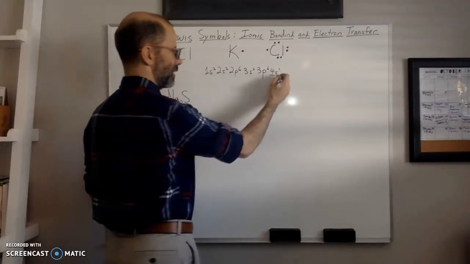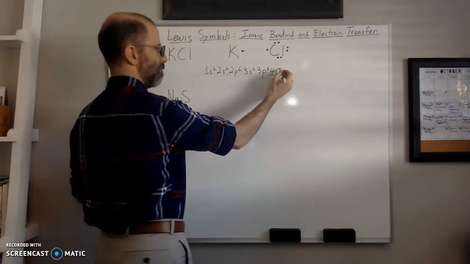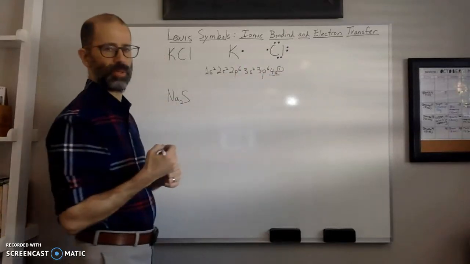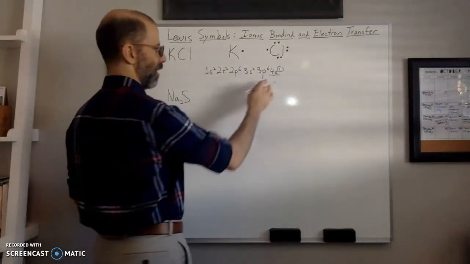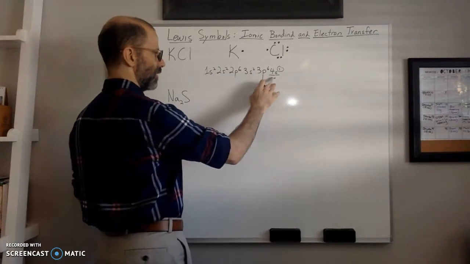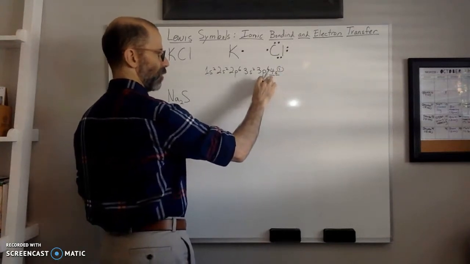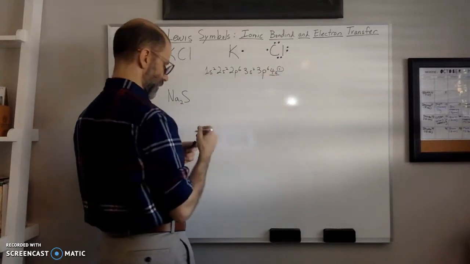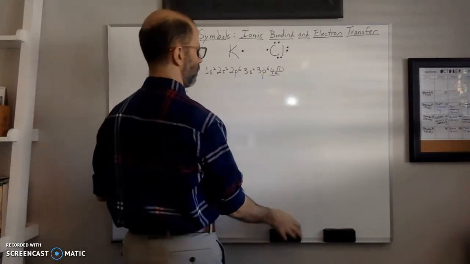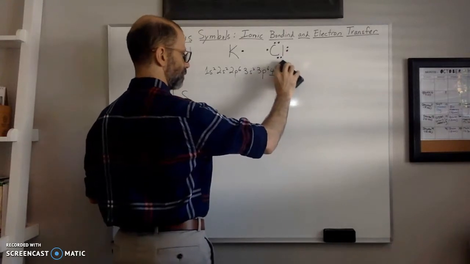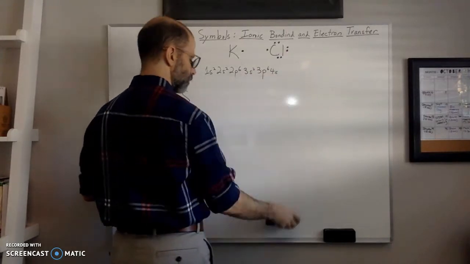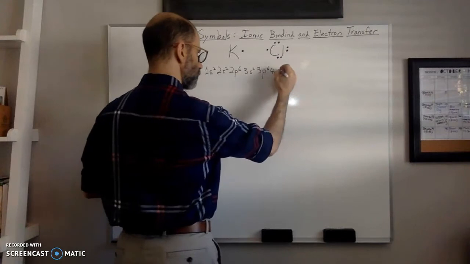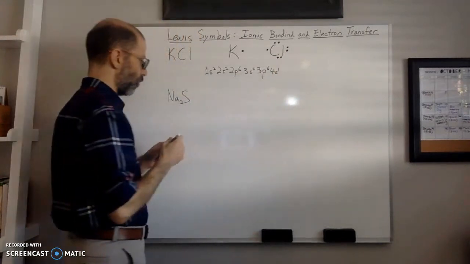It's in the s block, and it's in the first group of that s block. So all I need to do is go to my periodic table, look for period 4, go to the s block, and go to the first column in the s block, and that will be my element, potassium.